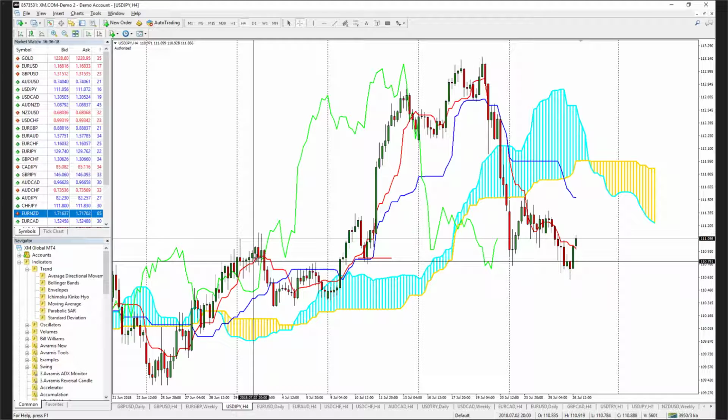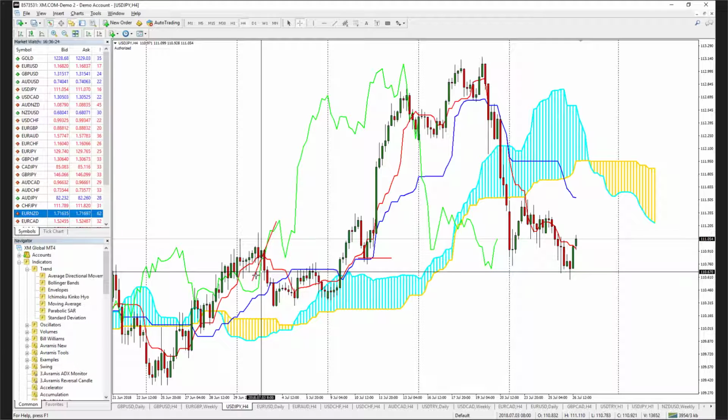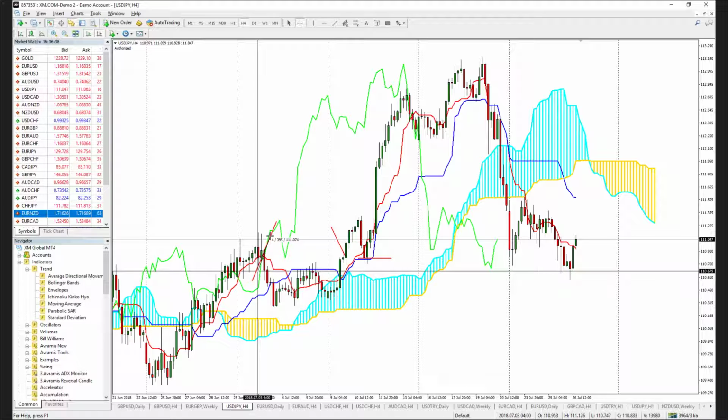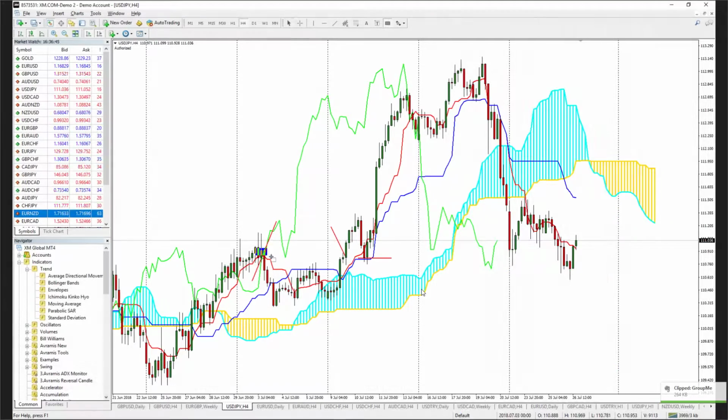Now remember, this Chiku span is plotted 26 periods into the past. So here, when the Chiku span was crossing above that price, which candle were we on? We were on this candle. At the moment this candle was live and being formed, we saw the Chiku span crossing above the price 26 periods ago. So there we had a buy signal.